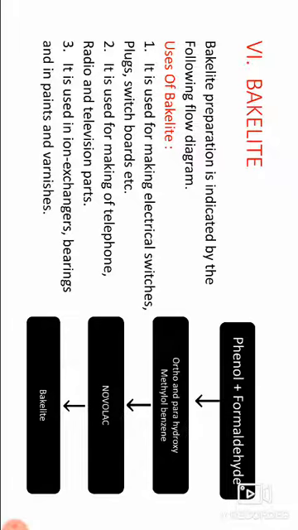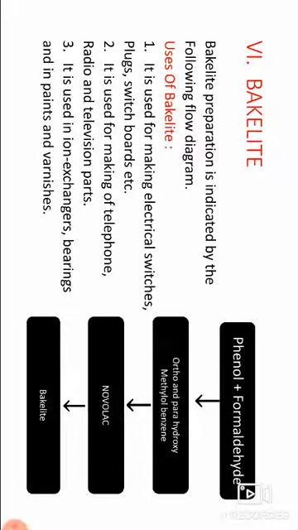One is phenol, another one is formaldehyde. These two monomers are heated in the presence of H2SO4 to form ortho and para hydroxy methylolbenzene. The ortho and para hydroxy methylolbenzene lose water to form another intermediate product called novolac.